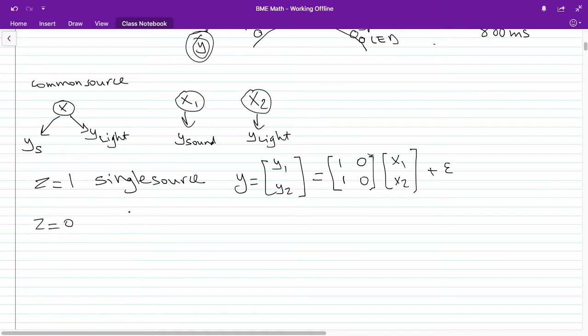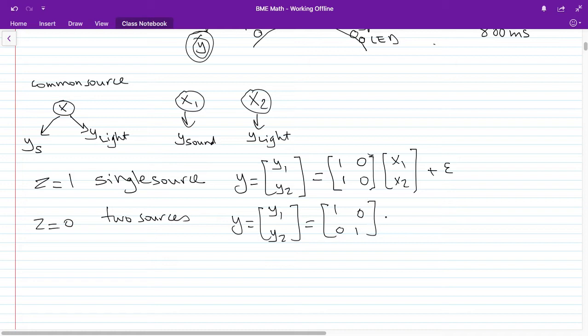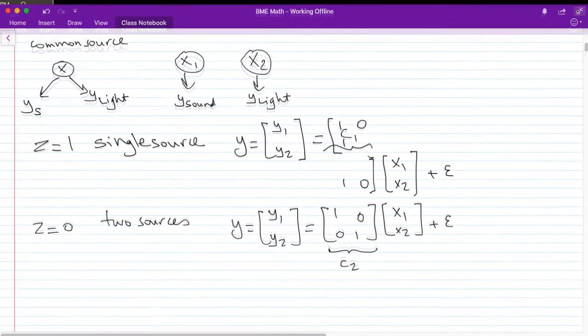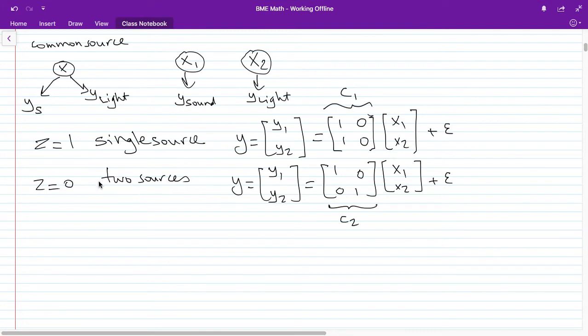On the other hand, if Z is 0, then I have two sources. Then what I'm measuring, Y1, Y2, has a different matrix. So if I call this C1 and I call this C2, I have a random variable Z that determines the data that I'm getting.